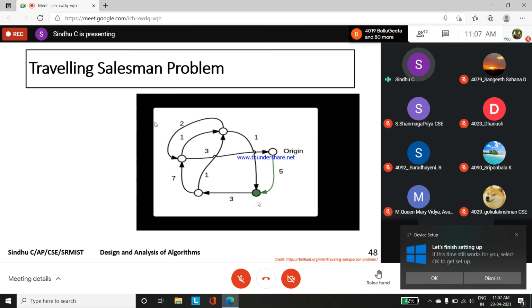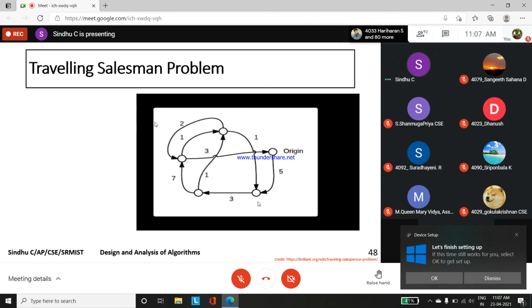Now, usually why we go for this branch and bound is for solving minimization optimization problems, right? So even though you have several options of how this person can reach the various other destinations and then come back to the original source point, by using this branch and bound approach, you can find a more optimal solution, so that he takes minimum cost in traveling, right?